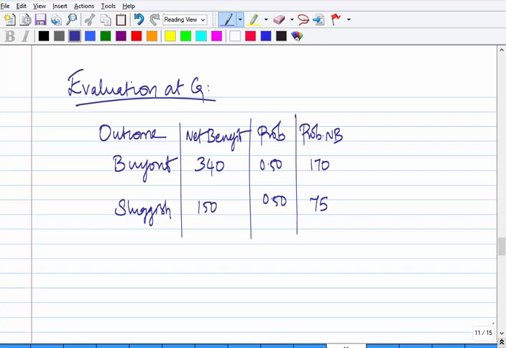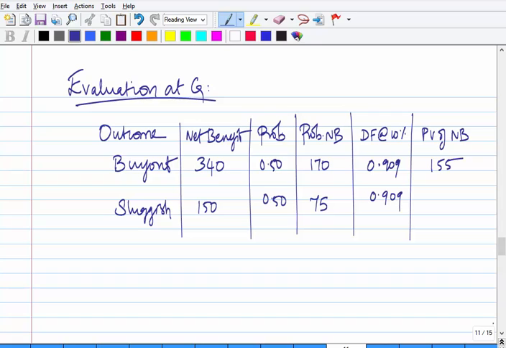But these cash flows are happening at the end of year 1. So let's bring it to the present. It means we have to discount them at 10%. So it is 0.909. So if I do that, I get the present value of net benefit, which is 170 into 0.909, 155. 75 into 0.909, 68.18.